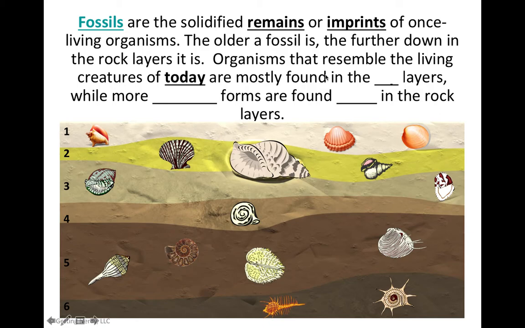The older the fossil is, the further down the rock layer it is. So these are going to be much older than these fossils up top. Organisms that resemble living creatures of today are mostly found in the top layers, right up here, and we really recognize those. We have these conch shells and clam shells that we eat if you go to a seafood restaurant, while the more ancestral forms are found in the lower layers.